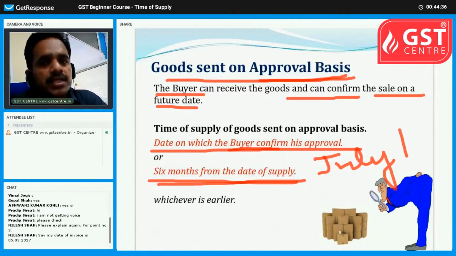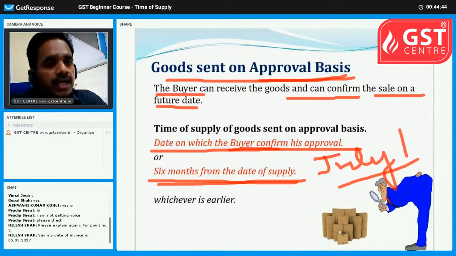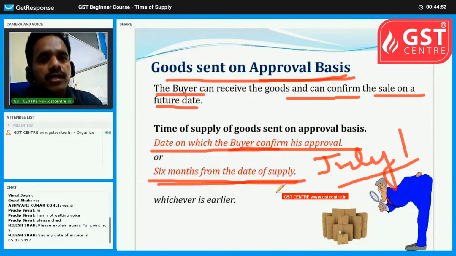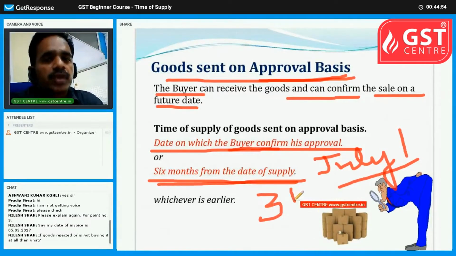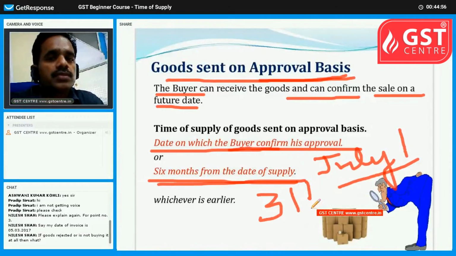And if the buyer doesn't confirm, the supply date was July 1st, but the approval was not received by the supplier even on December 31st. For the last six months, the supplier doesn't get any approval from the buyer. Then 31st December will be the date of supply.